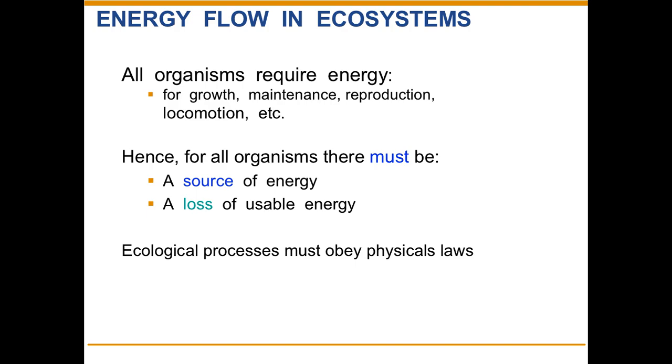And also there's a loss of usable energy, as we'll see at each stage. If you go through each reaction, some amount of energy is lost. So to understand this, we need a quick recap on some very basic physics before we power into the ecological interpretation of this.